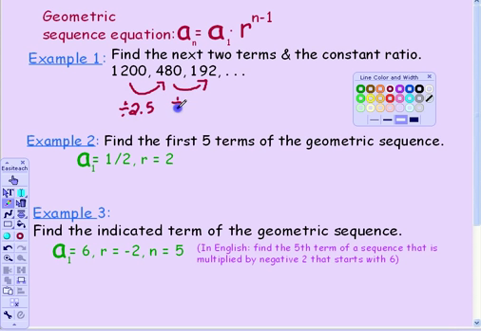Like I said earlier, that constant ratio is the number that's multiplied. So if it's a dividing problem, we actually need to use the reciprocal. In this case, R, our constant ratio, is 1 over 2.5, since it's being divided by 2.5. That equals 0.4. So each of these terms in the sequence is actually multiplied by 0.4.